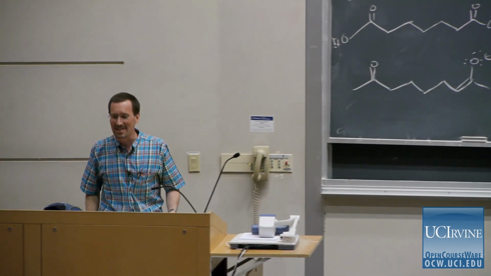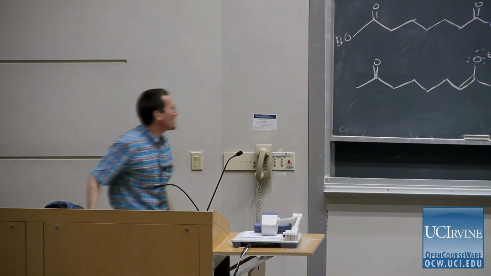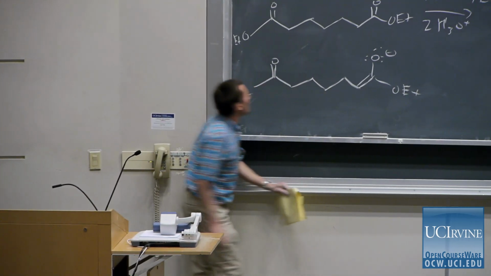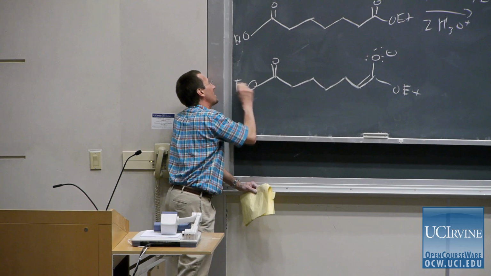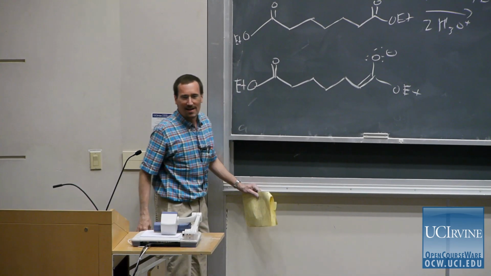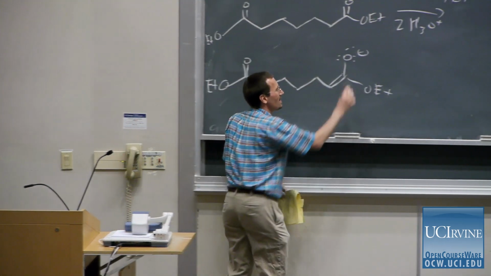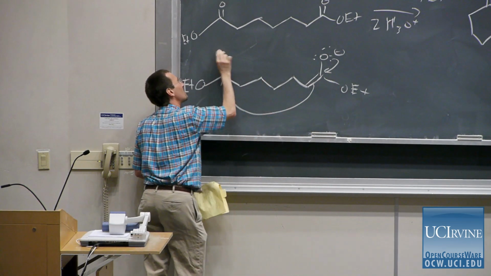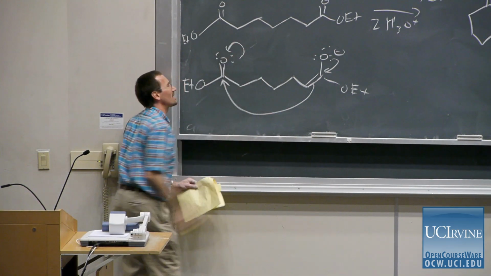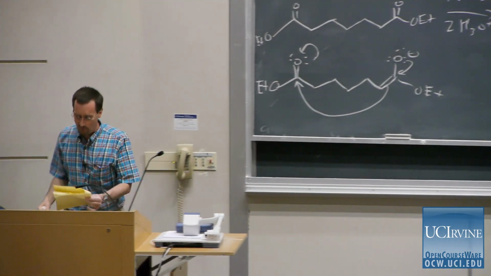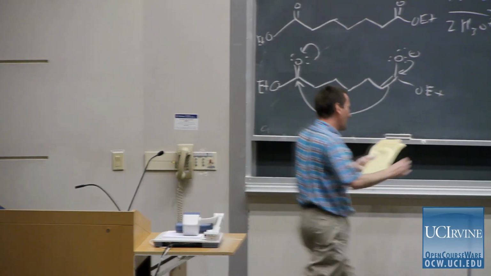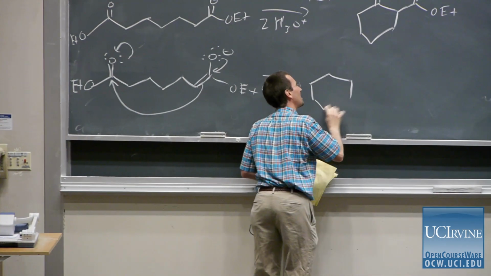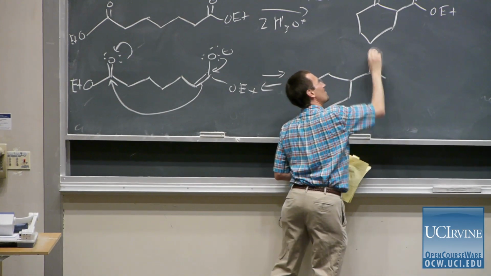We generate a teeny, itsy bitsy bit of our enolate. Our enolate can react intramolecularly. We push our arrows up onto the oxygen, and it forms a 6-membered ring. Our tetrahedral intermediate is a 6-membered ring.